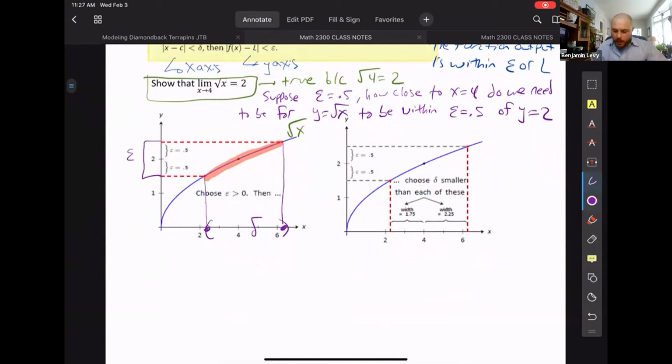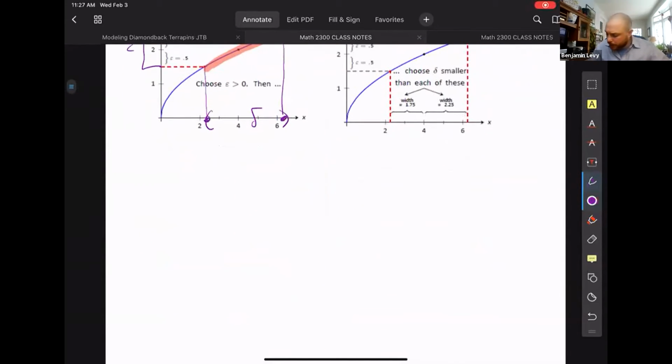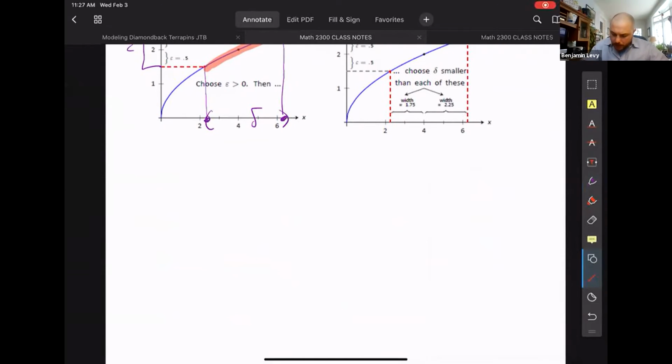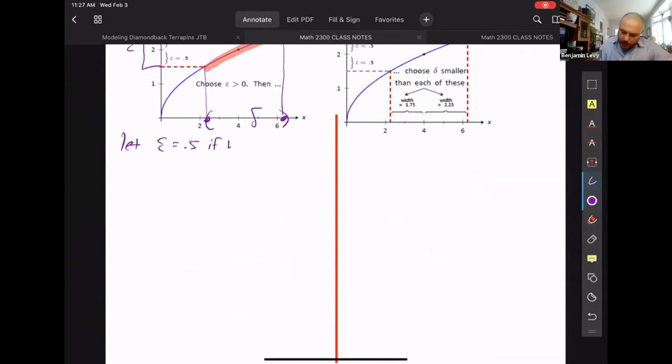I'm going to draw a line down the middle of the screen here because we're going to split this up into two different things. Okay. So let's pick our epsilon to be 0.5. If we want the output to be between 1.5 and 2.5, the question is, what does the x value need to be?